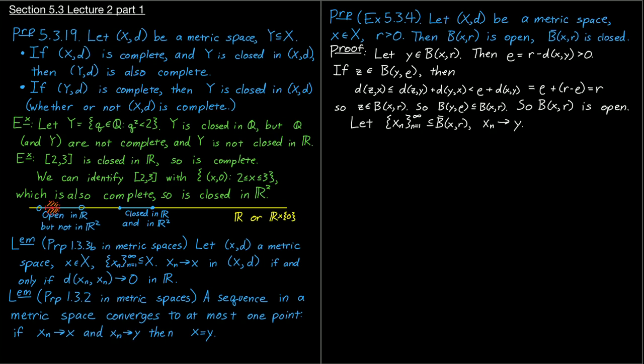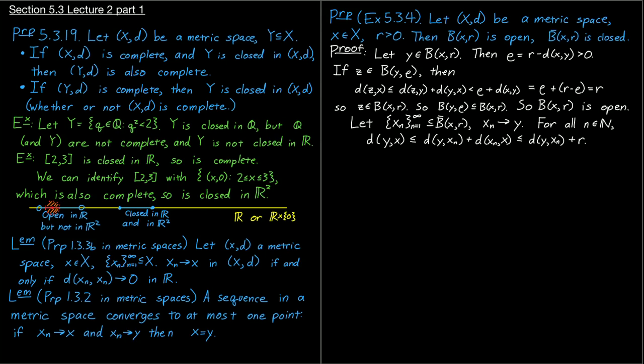Then for any natural number n, the distance from y to x is less than or equal to the distance from y to xn plus the distance from xn to x, and the distance from xn to x is less than or equal to r.